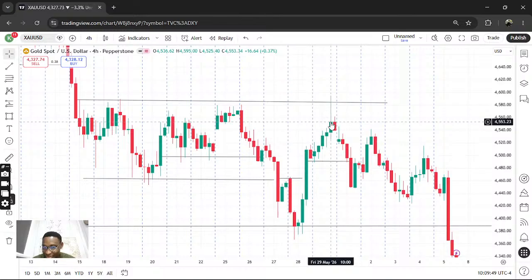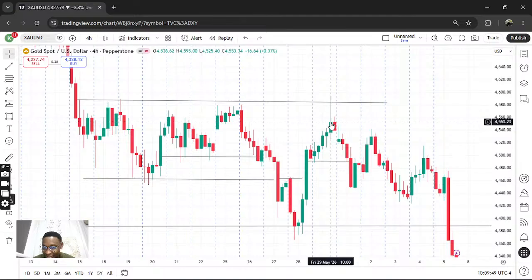That is why I always tell traders, it is not about drawing perfect lines on your chart, drawing change of structure, drawing support and resistance levels. If it is about drawing perfect lines, all the perfect lines that I drew here were supposed to show me that the market has to continue going up. But what happened? Gold did the opposite. You need to take note of what buyers and sellers are doing in the market. That is the main thing you need to do as a trader, not drawing lines.